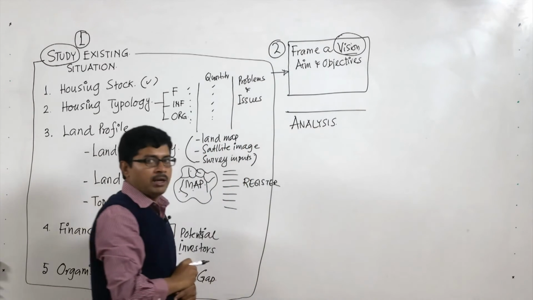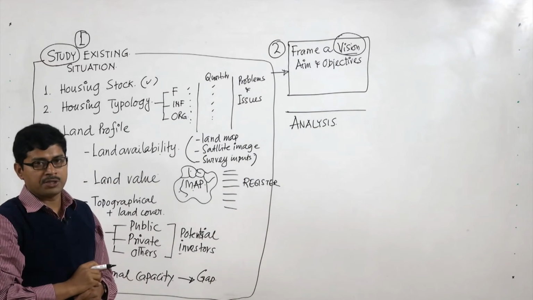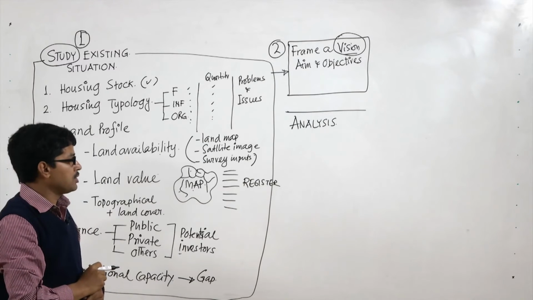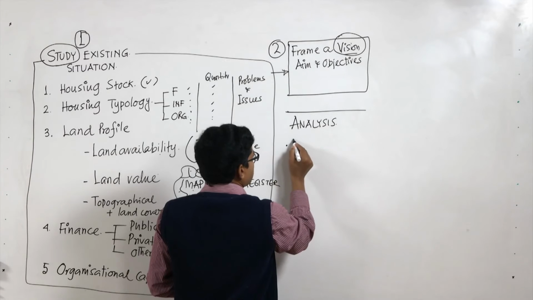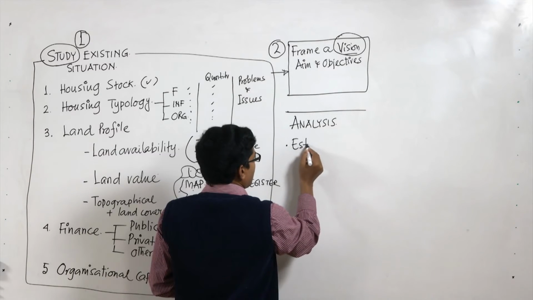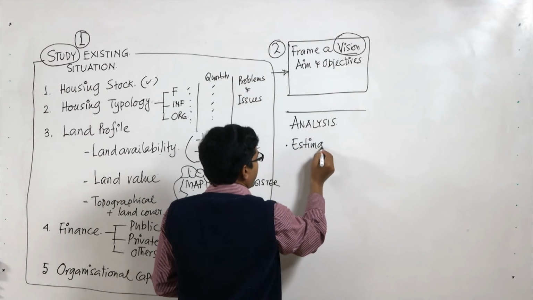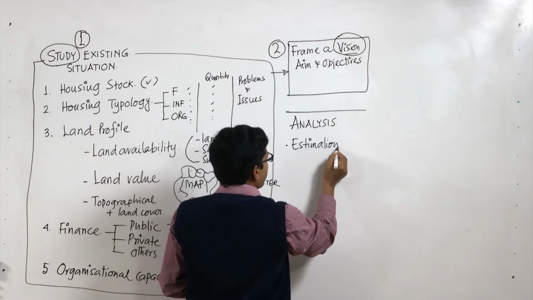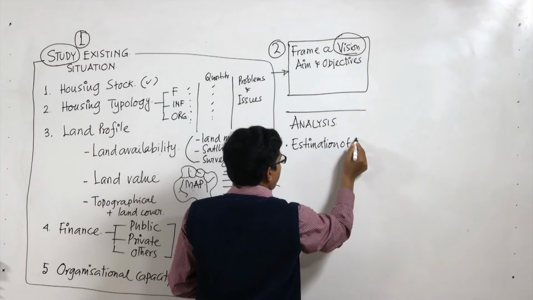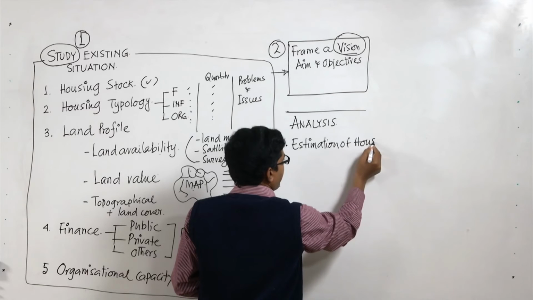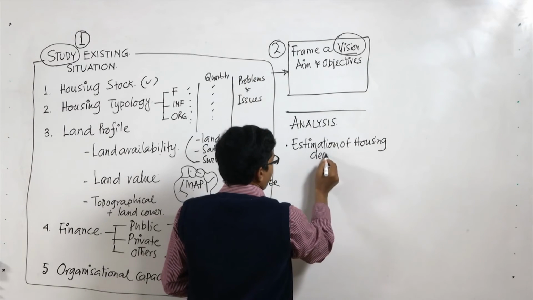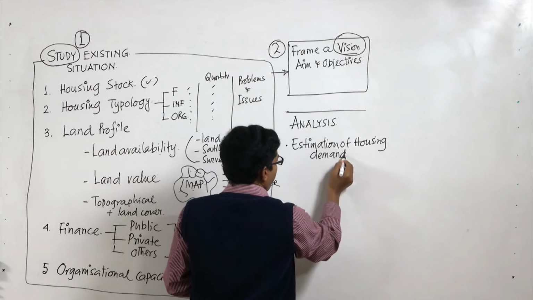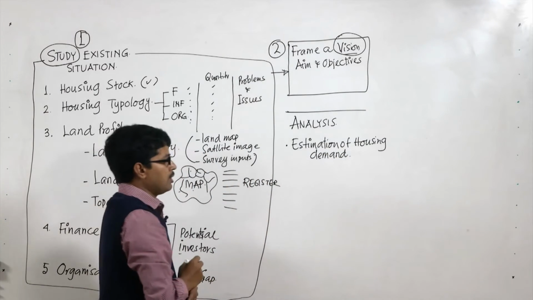Now, what kind of analysis will be required for making a housing strategy? The first analysis required for this housing strategy is the estimation of housing demand.